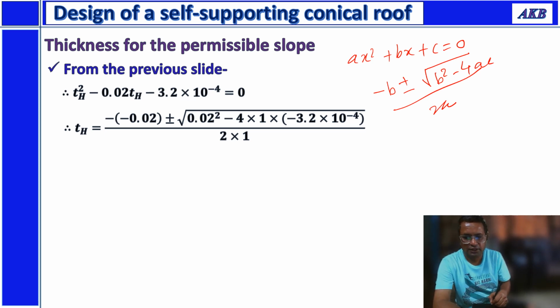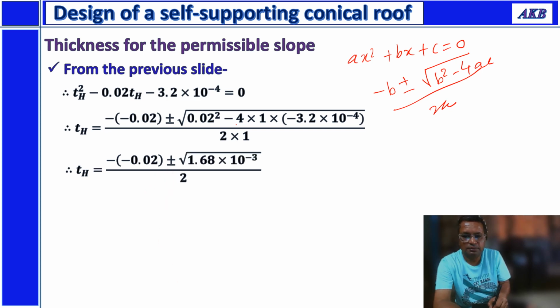So therefore th will be minus, b is minus 0.02, so minus 0.02 plus minus under root of 0.02 square, because b is minus 0.02, so minus 0.02 square minus 4 into 1 into c, which is minus 3.2 into 10 to the power minus 4, and a is 1, so it will be 2 into 1.